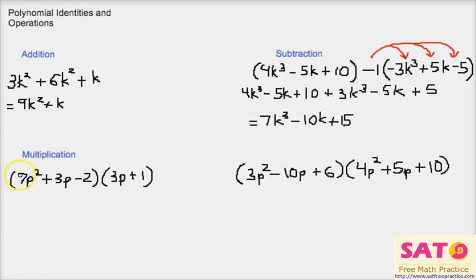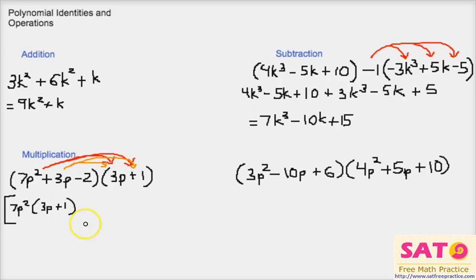So let's start out with 7p squared times 3p and times plus 1. So it's kind of writing it as 7p squared times 3p plus 1. And now the next one is 3p times 3p and 3p times 1.